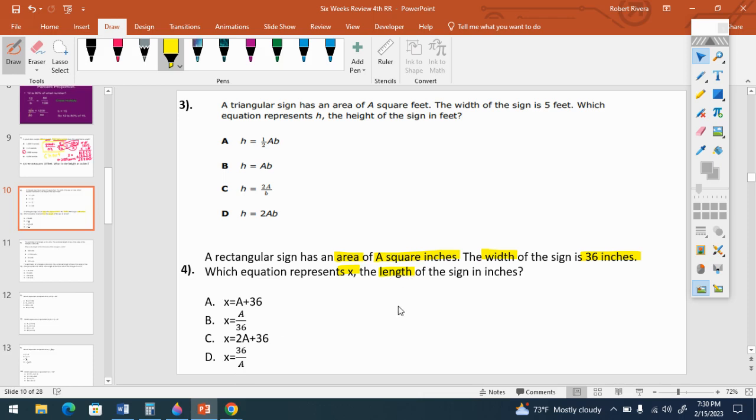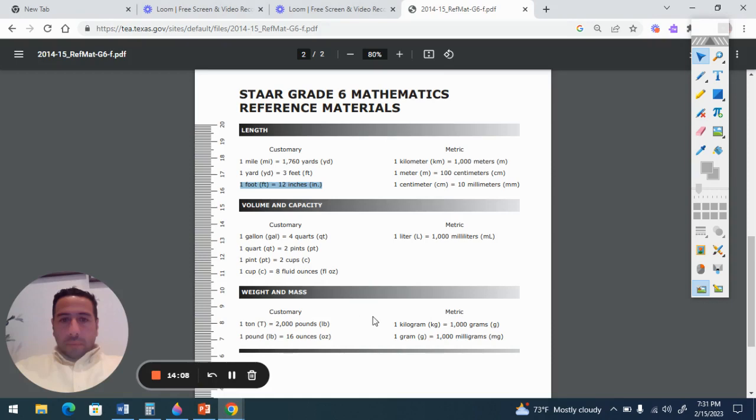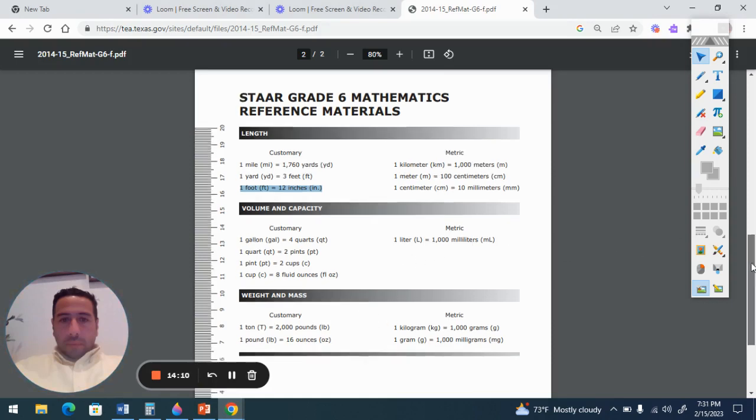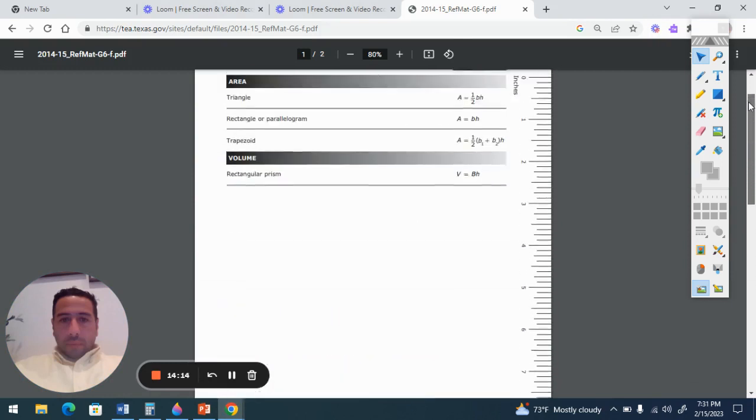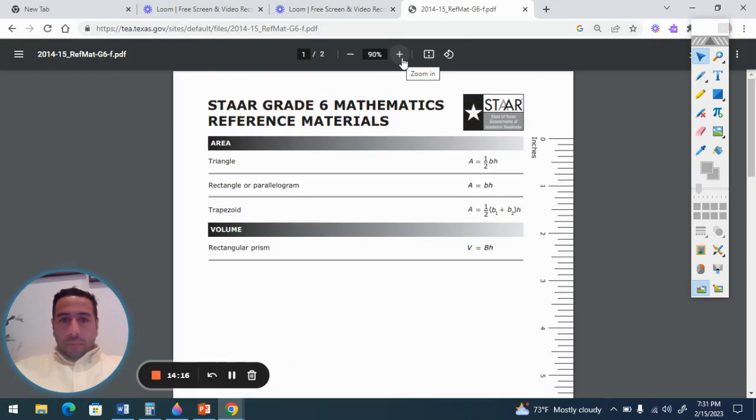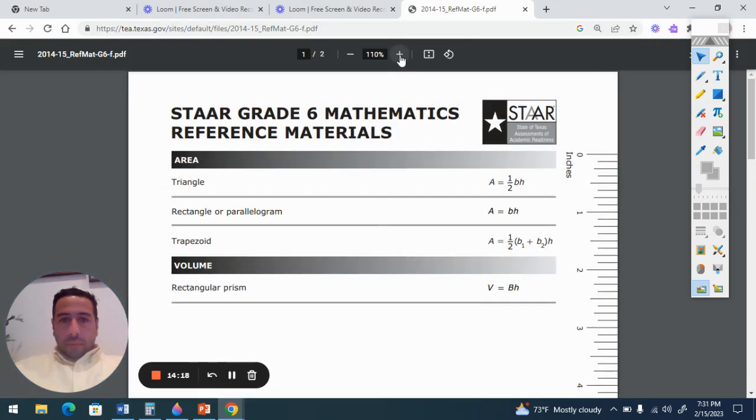First of all, anytime that we're dealing with area, we're going to go to the chart again. But in this case, we're going to go to the first page. Okay. Now if you notice in this page, let me zoom a little bit more. We have the area of a triangle, the area of a rectangle or parallelogram, the area of a trapezoid, and the volume of the rectangular prism.